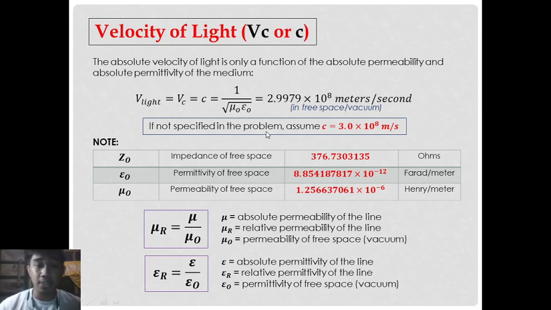However, if it is not specified in the problem that you are using the free space or vacuum value, it is assumed to be 3 times 10 raised to 8 meters per second. Note that the impedance of free space is this value in ohms, the permittivity of free space is this value in farad per meter, and the permeability of free space is this value in Henry per meter.